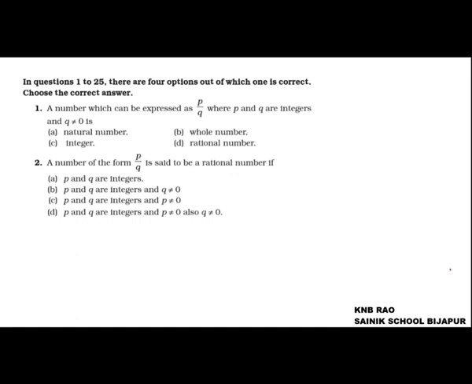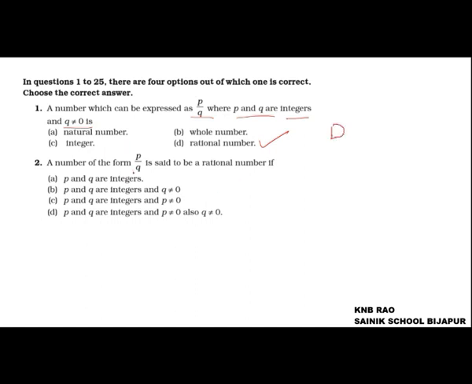In them, the first question is, a number which can be expressed as P by Q, where P and Q are integers and Q not equal to 0, is called: natural numbers, whole numbers, integers or rational numbers. You know this definition, where a number of the form P by Q, P and Q being integers and Q not equal to 0, is the definition of rational numbers. So D is the right answer.